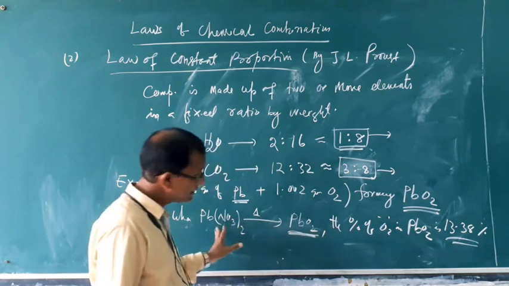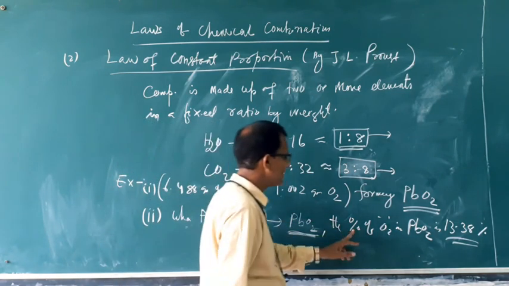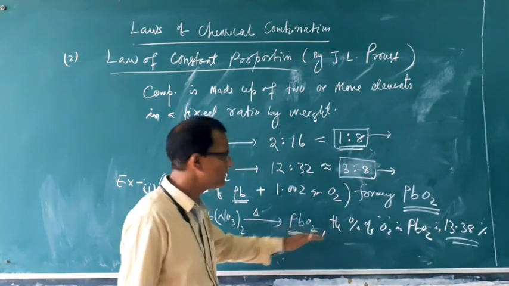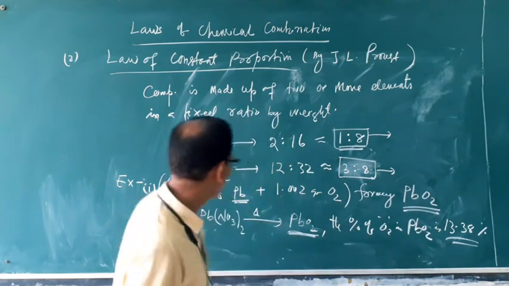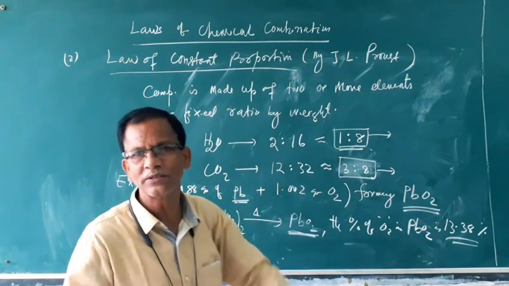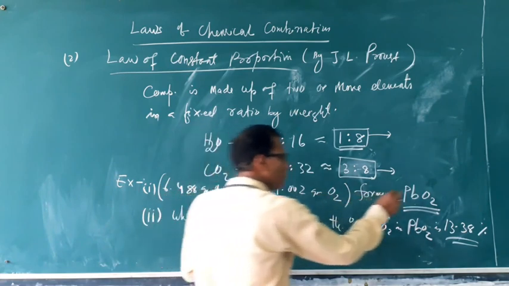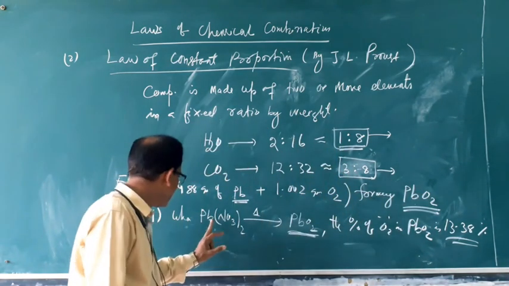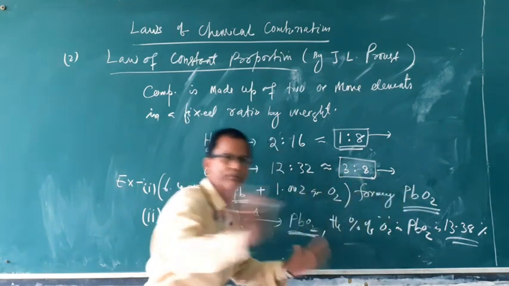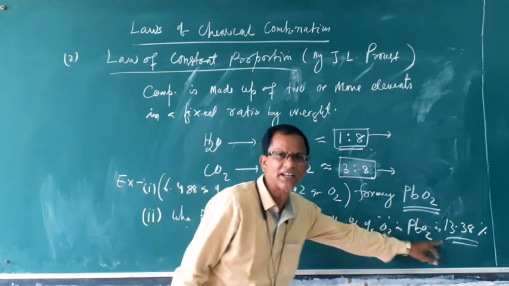And as per the question, the percentage of oxygen in PbO2 is 13.38. Now in the first experiment, we will find the percentage of oxygen in PbO2. Both experiments produce PbO2. We will compare whether it is the same or different by comparing the percentage of oxygen.